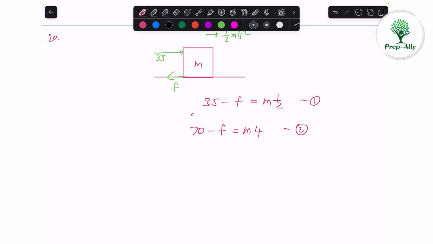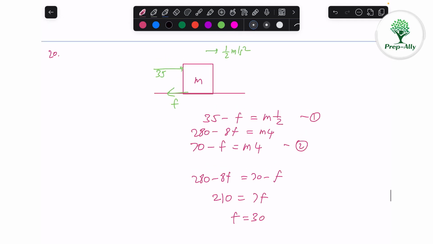So it will be 35 into 8, so 280 minus 8F will be equal to 4M. Okay. So then 280 minus 8F is equal to 70 minus F. So basically 7F is equal to 210. So F is equal to 30 newtons.